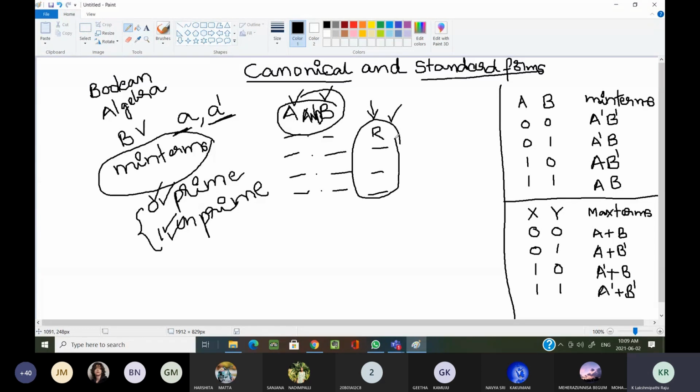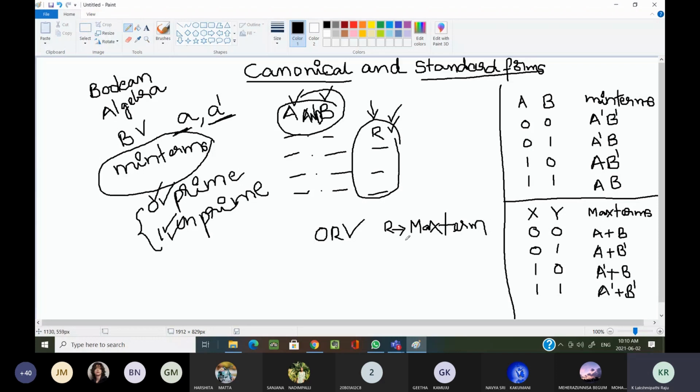In the same way, if I consider the same two binary variables and apply the OR operation, the result I get is the maxterms. If you apply AND operation, you get minterms. If you apply OR operation, you get maxterms.